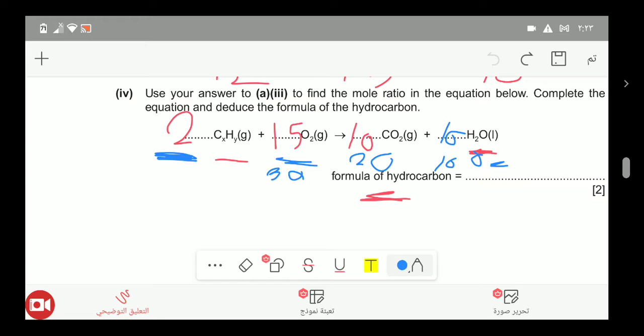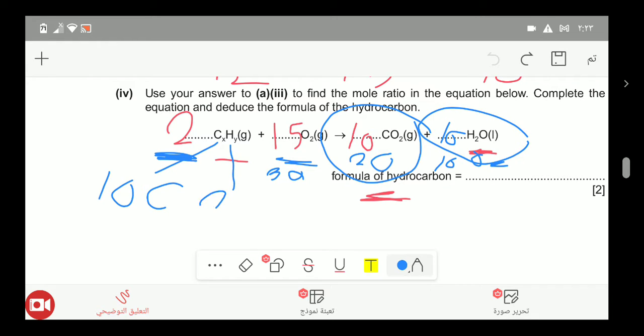So what about the formula? As we said, we have 30 oxygen, we have 20 here and 10 in water. So what about carbon? We should have 10 carbon, and hydrogen, from 10 H2O, we should have 20 hydrogen.